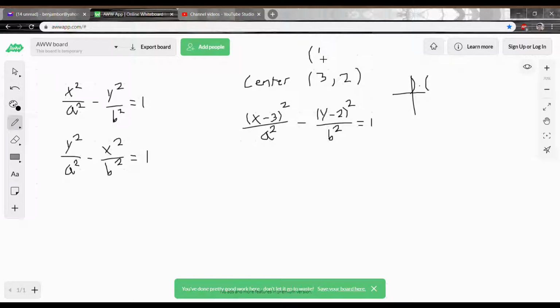Remember that the h always goes with the x term and the k always goes with the y term. So if we wanted to do a vertical hyperbola with center 3, 2, we would still have y minus 2, because the k always goes with the y term, over a squared minus x minus 3 squared over b squared is equal to 1.